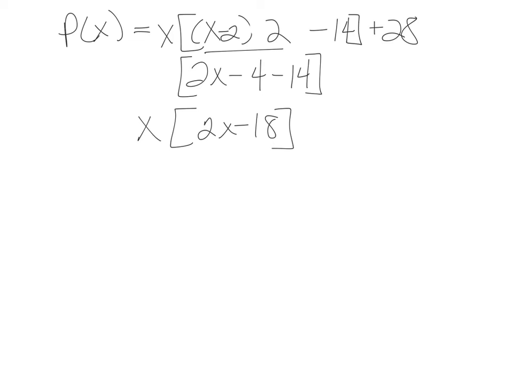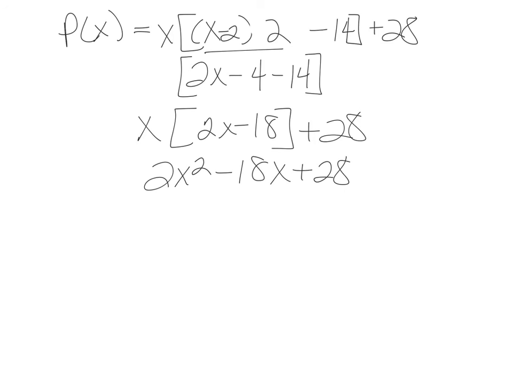I've got an x out here. Distribute that x. 2x squared minus 18x plus 28. And I made one mistake. That plus 28 should be a minus 28. No. It's a plus 28. We're good.